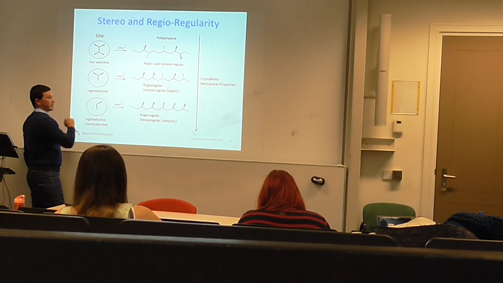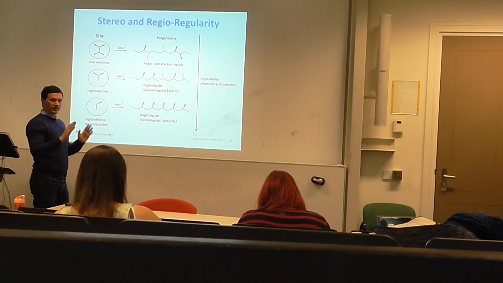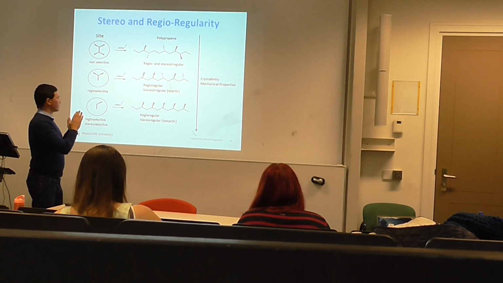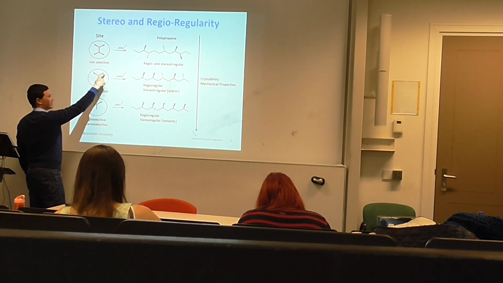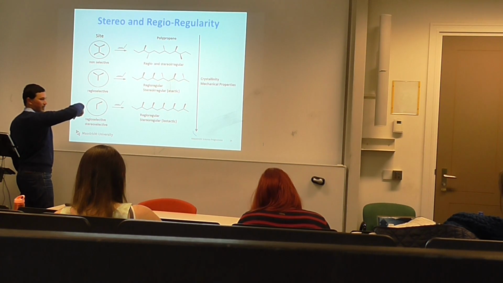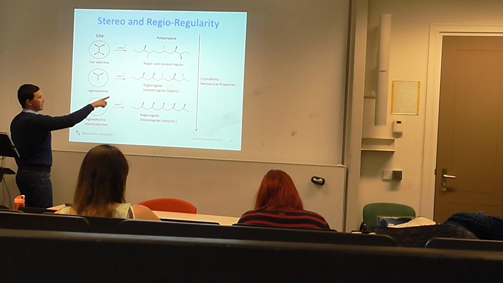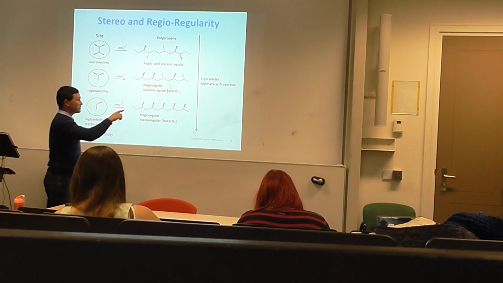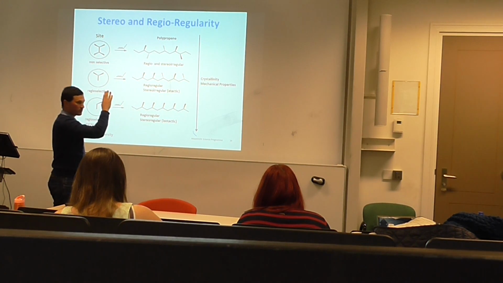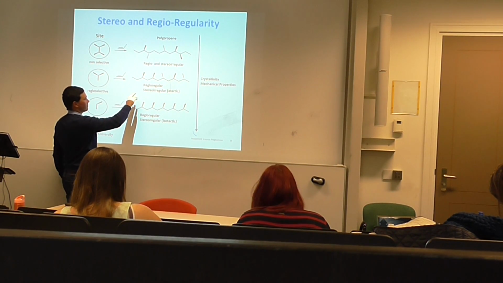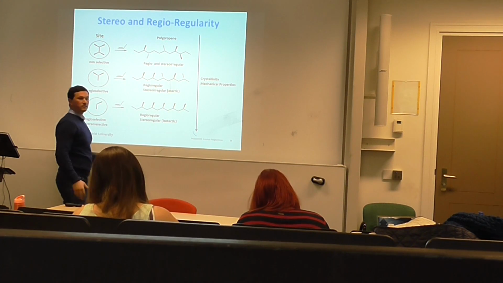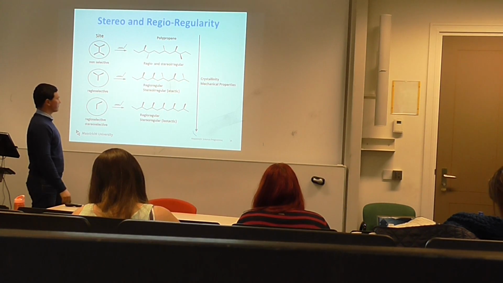If your site is regioselective, which means that the methyl group is always pointing upward, but there is no stereoselectivity, which means that your methyl group can be pointing left or right, it's going to be regio-regular because your methyl group is always up, but stereo-irregular, which means that once is R, once is S, randomly distributed.